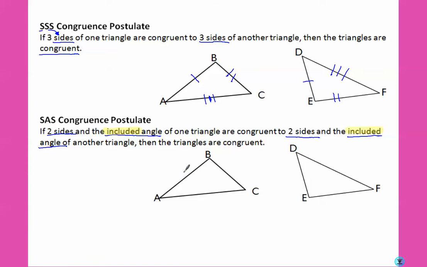So what this would look like, if AB is congruent to DE and BC is congruent to EF, those are our two sides, the included angle would be the angle formed by these two sides. So in this case, B and E. So included, think in, inside, in between. It's in between the two sides. The angle is in between the two sides in the abbreviation.